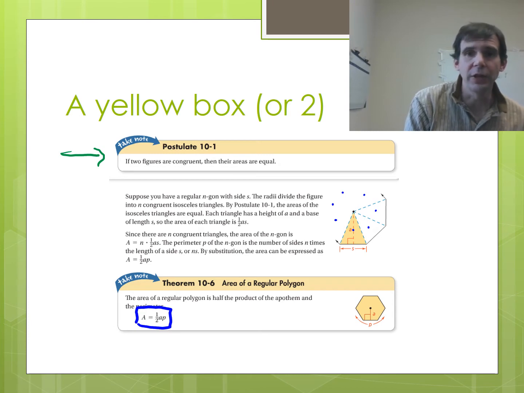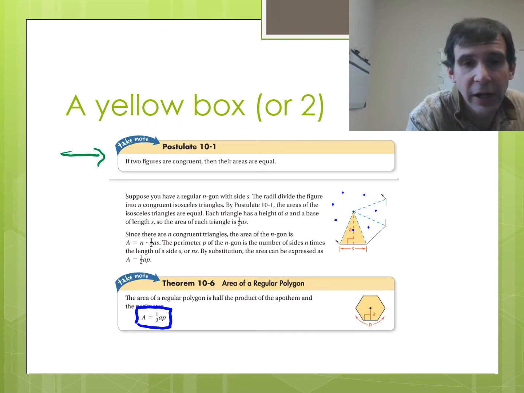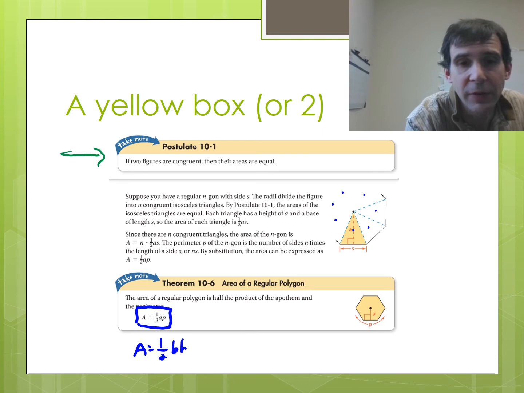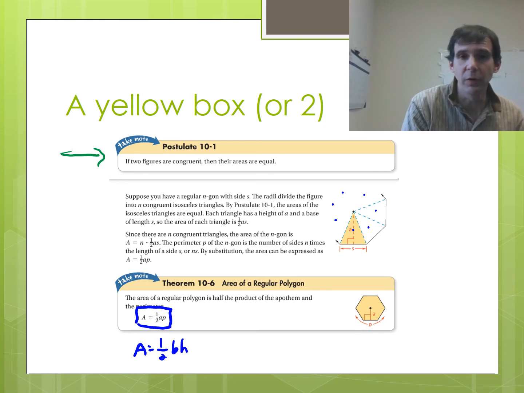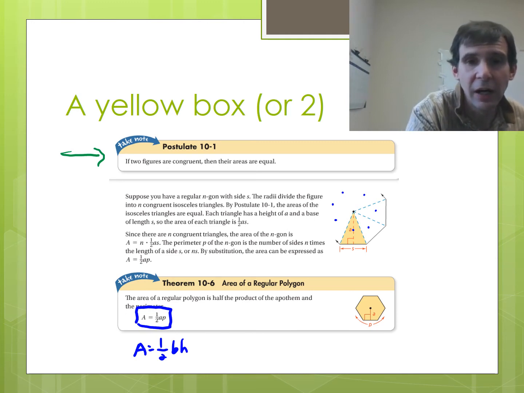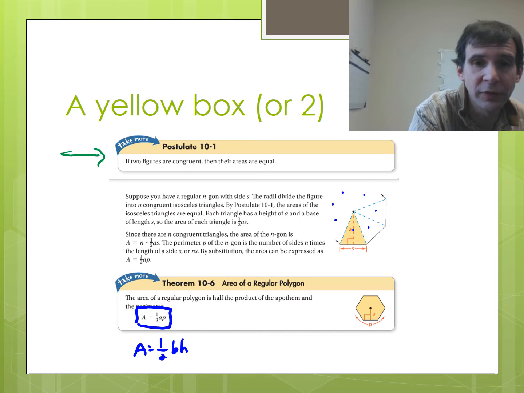So what we're going to do is take the apothem. Think about the area of a triangle: the area equals 1/2 base times height. That's really what we're doing here. We're finding 1/2 base times height for each of these triangles. But instead of saying height, we're saying apothem, and instead of base, we're saying perimeter.